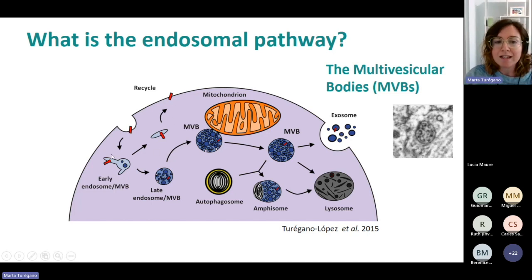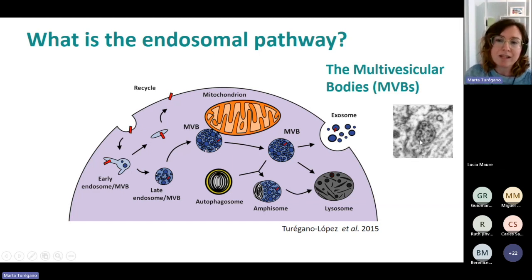If the early endosomes continue in the pathway, maturing, the early endosomes transfer to a late endosome. Here, I want to clarify the term of a multivesicular body, because the multivesicular body is defined anatomically like an organelle with a simple membrane, as you can see here in this electron microscopy image, full of vesicles.